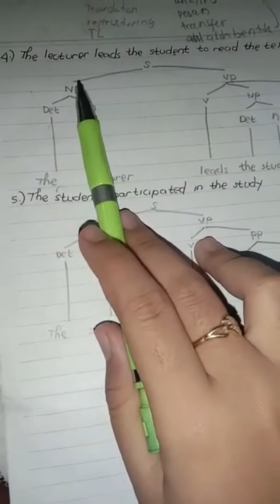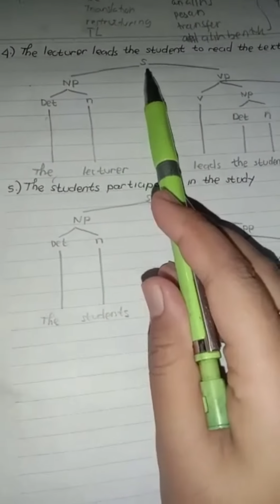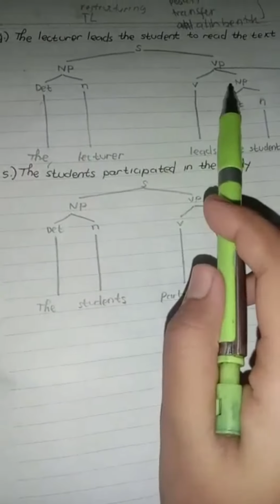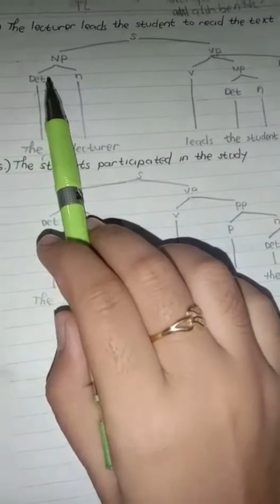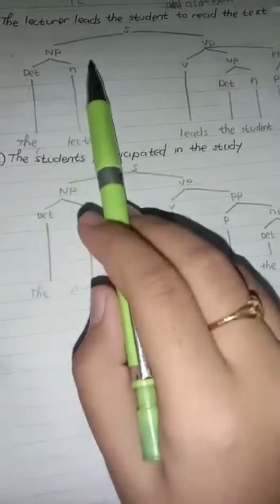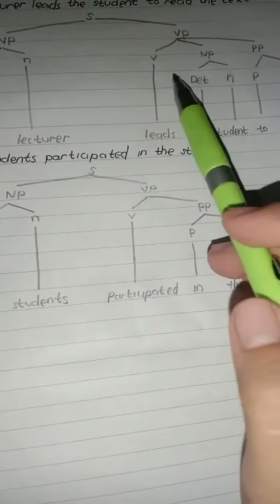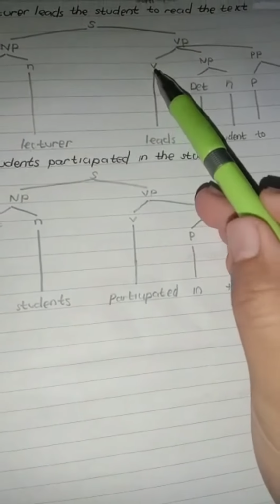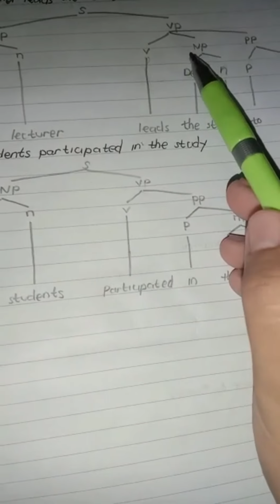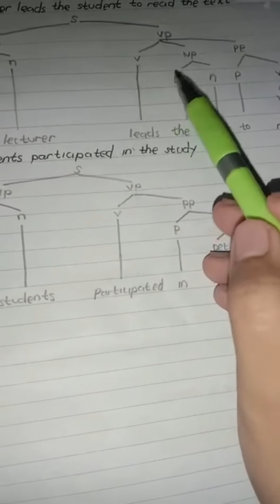The lecturer leads the student to read. Firstly, the sentence is divided into two parts. The first is noun phrase and the second is verb phrase. Noun phrase consists of determiner and also noun. Determiner is the, noun is lecturer, while the verb phrase consists of verb, which is lead, and then there is also a noun phrase and a preposition phrase.